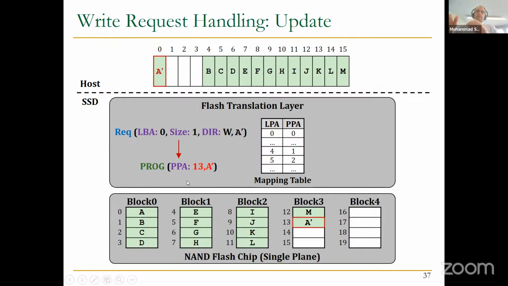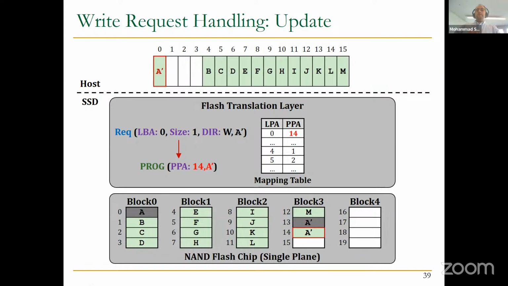We write this updated data on the next free page that is available. So here is physical page address 13, and we also need to update the mapping table so that logical page address A is now mapped to physical page address 13. And we need to invalidate physical page address 0.